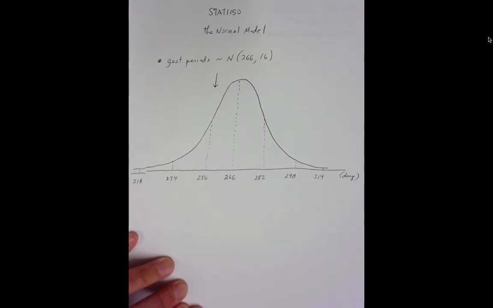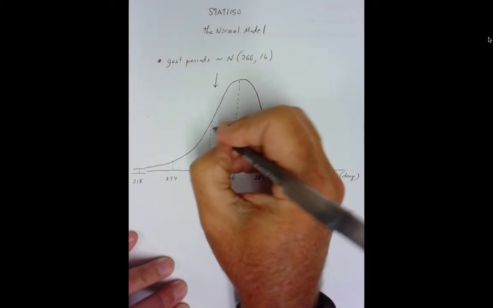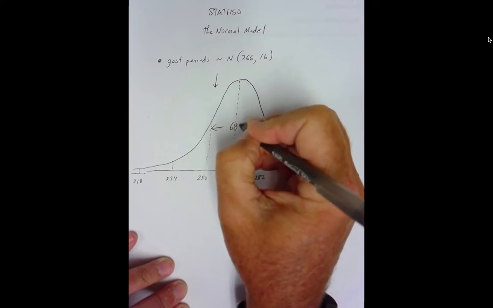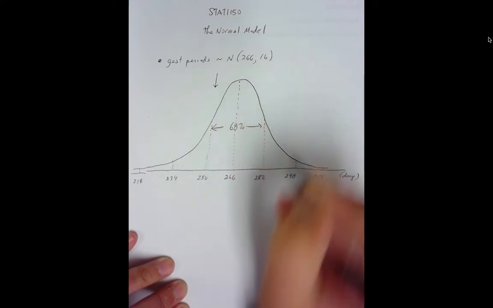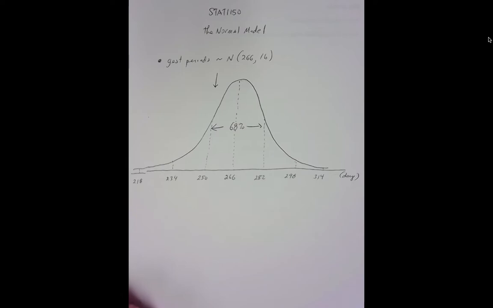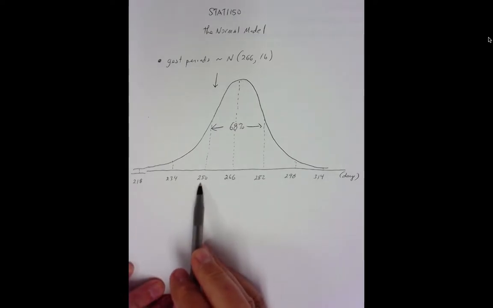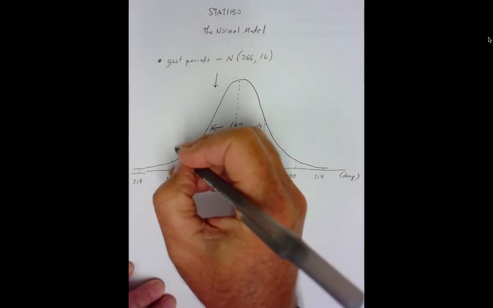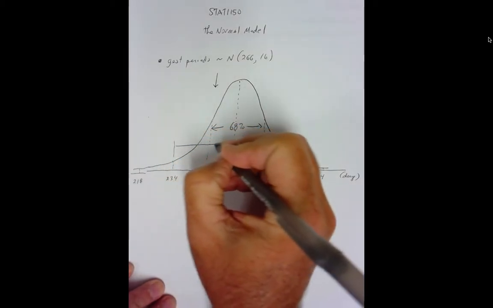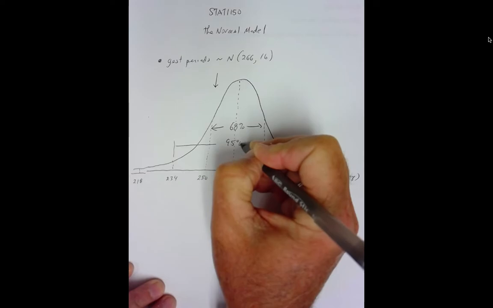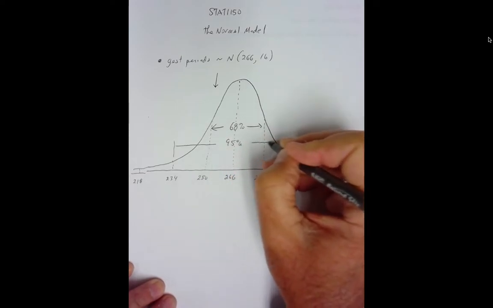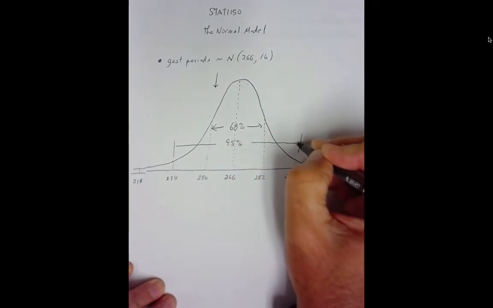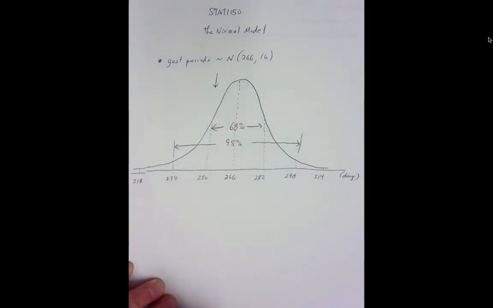So from the previous video, we know that approximately 68% of gestation periods last between 250 and 282 days. Approximately 95% fall from 234 days to 298 days.